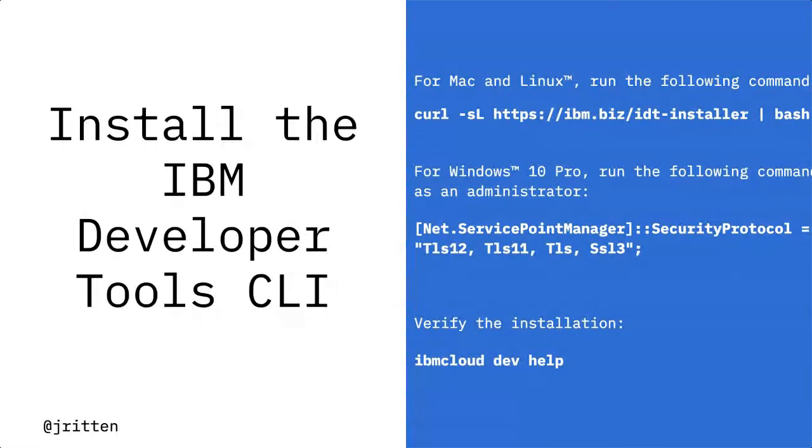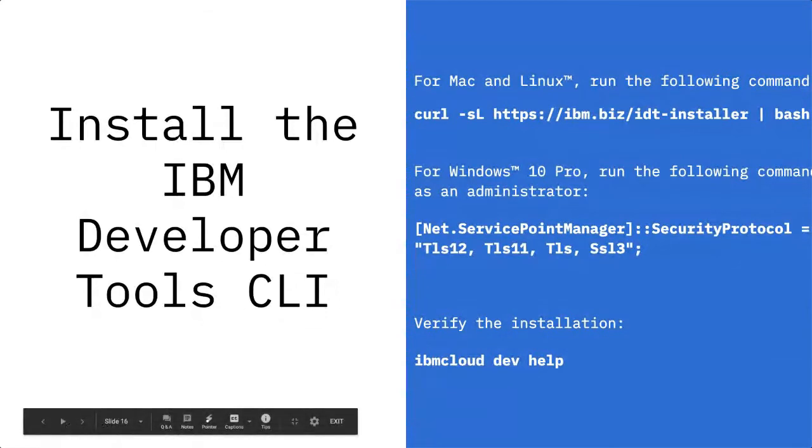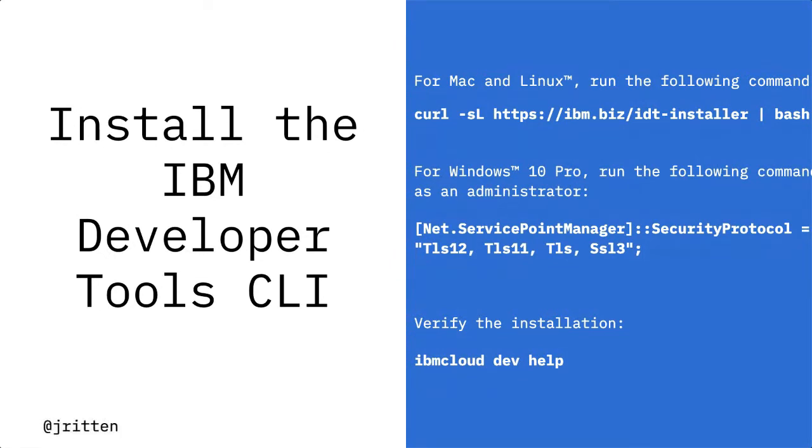So the very first thing that you'll need to do is to install the IBM Developer Tools CLI. So you're going to install a set of IBM Cloud Developer Tools that include the latest IBM Cloud CLI.